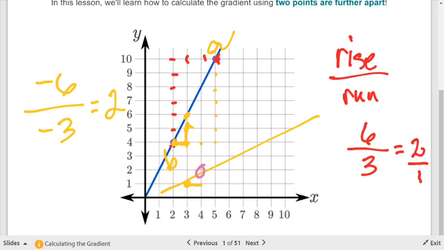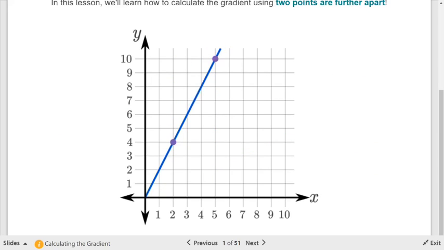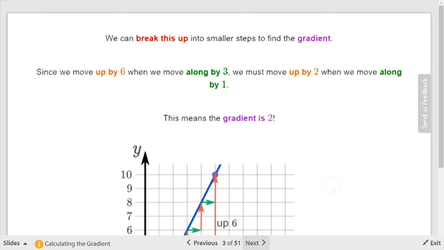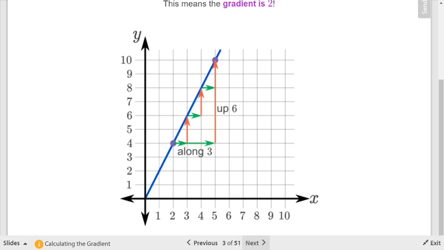Now, today's lesson, all you're going to do is to do more of the same. You're just going to be counting, but make sure that you're counting from your rise first and then the run, and make sure you're remembering your signs if you're going up or down.